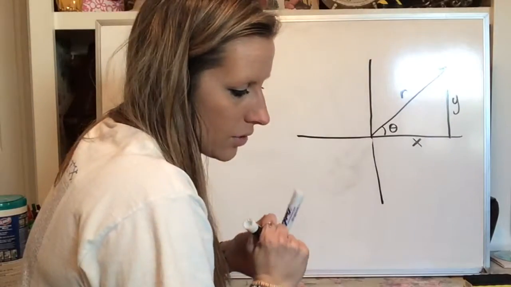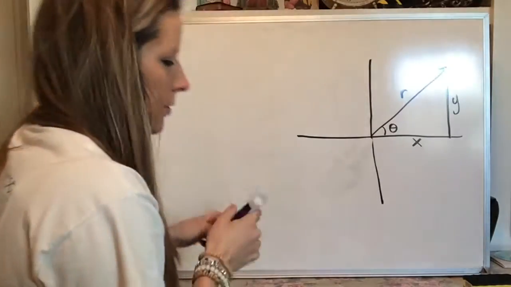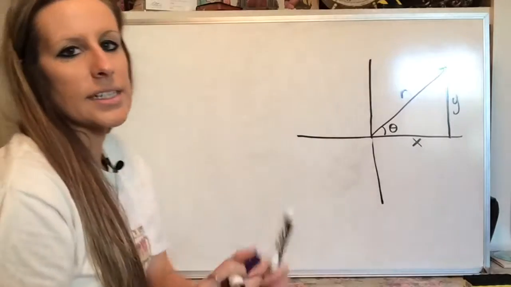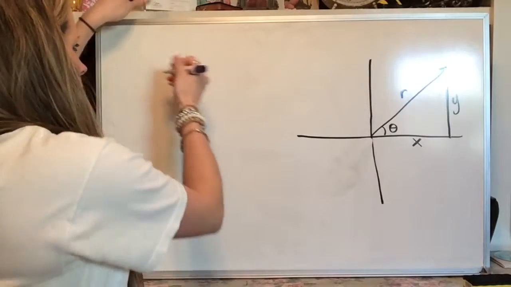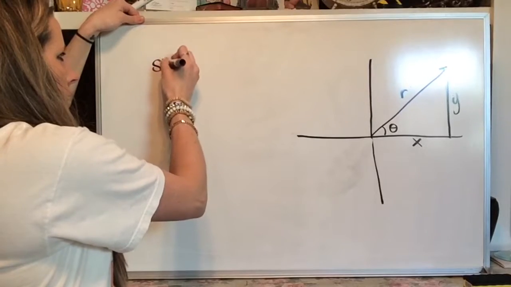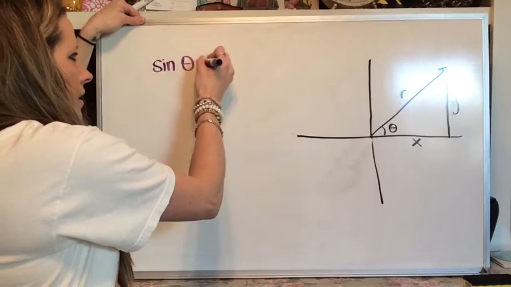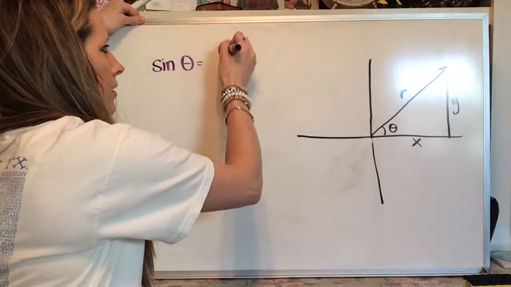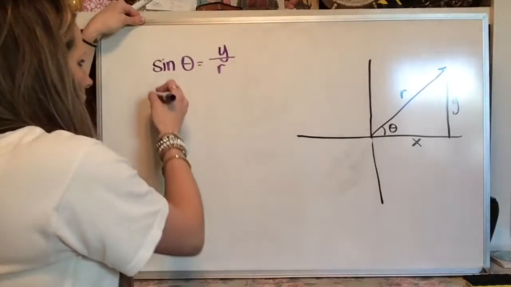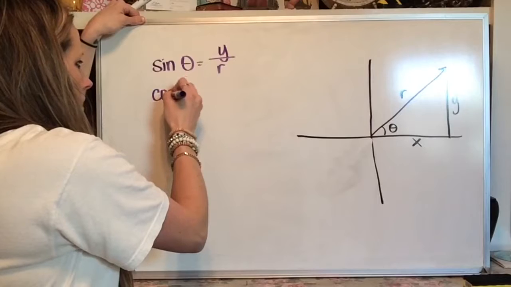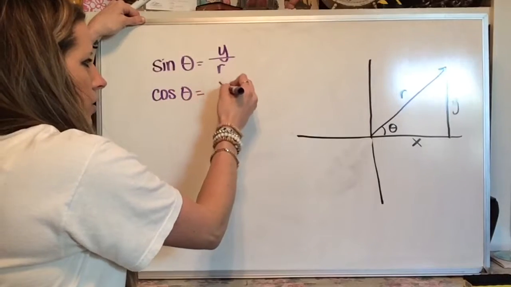So that's on the right side of your notes at the bottom. There are 6 different trig functions. One of them is sine, and sine is going to be y over r. Okay, cosine is going to be x over r.